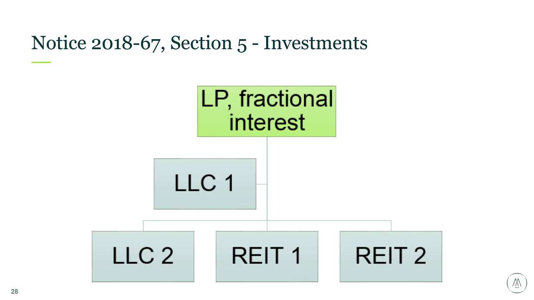So how does that impact bucketing? If you're invested in alternative investments and some of those have oil activities, you as a nonprofit may have to, in theory, report that activity as its own separate bucket. However, we got some guidance from the IRS in Notice 2018-67 that specifically speaks to these types of investments and partnerships.